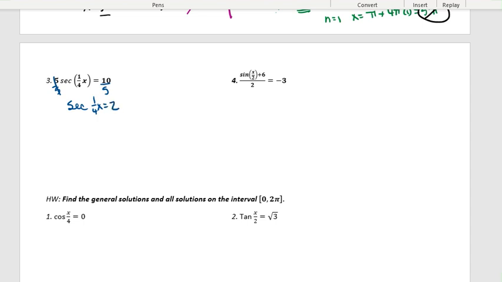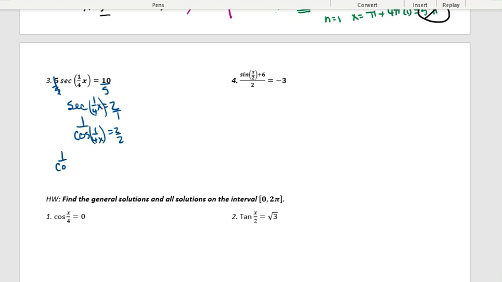Then I can't have just secant; I've got to have 1 over cosine of 1/4 x. The x doesn't go to the bottom. My apologies, it should be up beside it, equals 2 over 1.